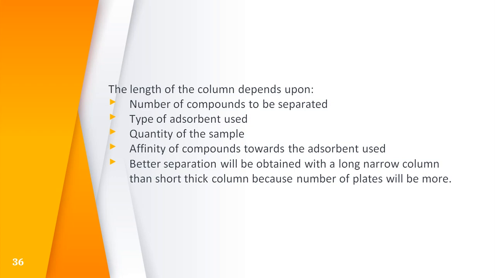If the compound has low affinity towards the adsorbent, then longer columns should be preferred. Better separation will be obtained with a long narrow column than a short thick column, because in a long narrow column more plates will be formed. So preferably the ratio of length to diameter should be 10:1 to 30:1, and for best separation it should be 100:1.